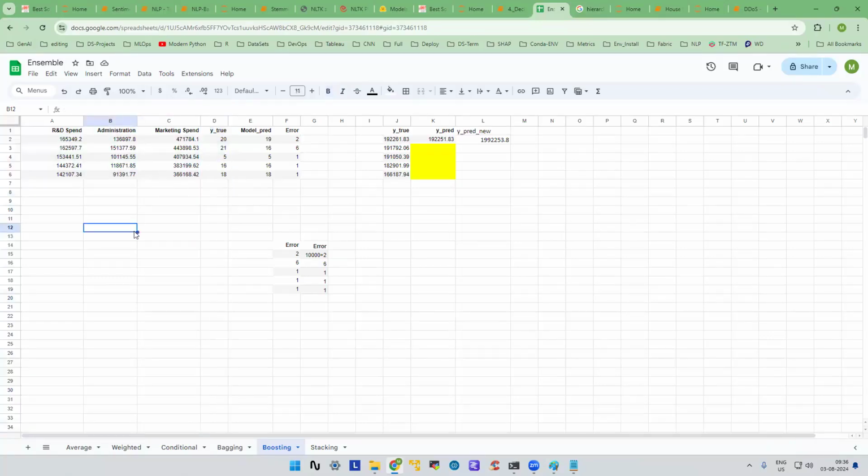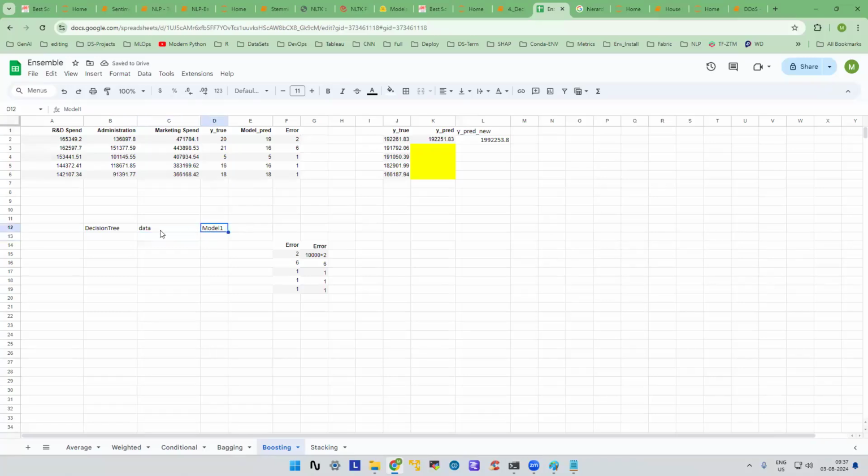We applied a decision tree. Even gradient boosting uses the decision tree algorithm to generate the model, based on whatever data it got. So it has generated a model, model one.